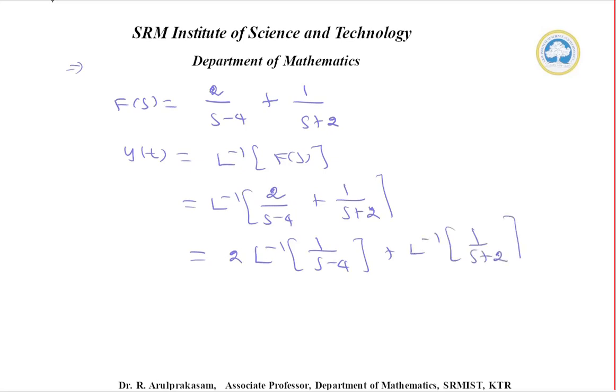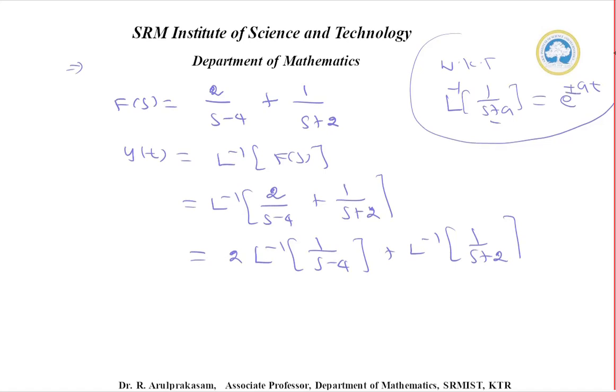What is the suitable formula? You know the formula: L inverse of 1 divided by s plus a is e to the power minus at. It is a well-known formula, the inverse Laplace transform formula. Here minus means it will come plus, and here plus means it will come minus.